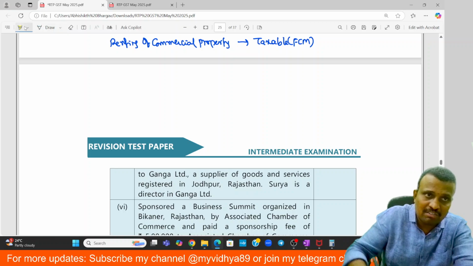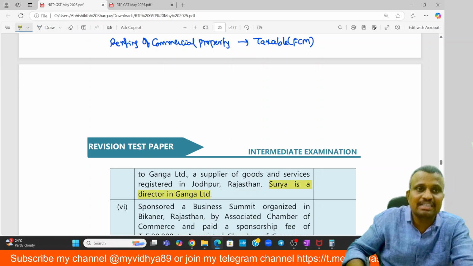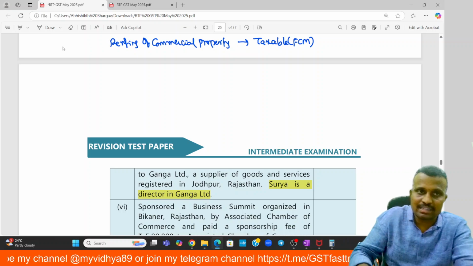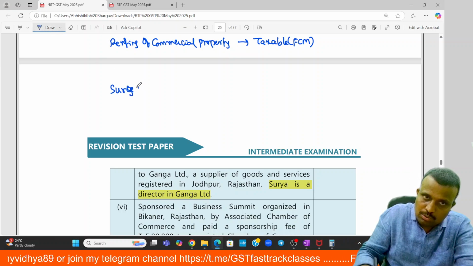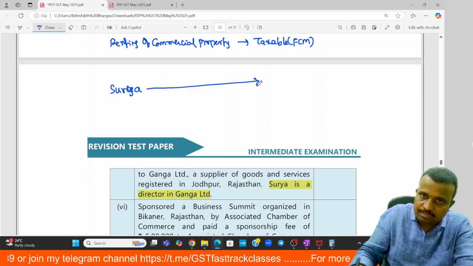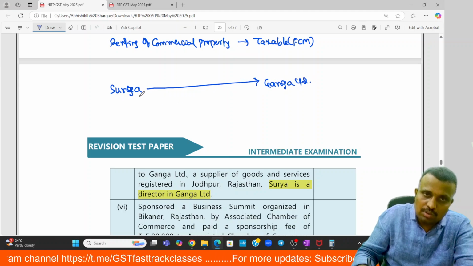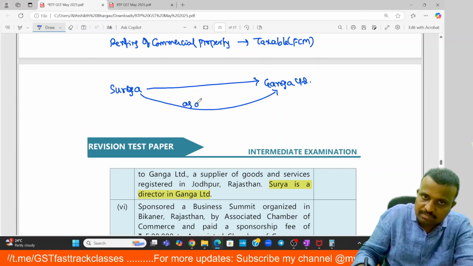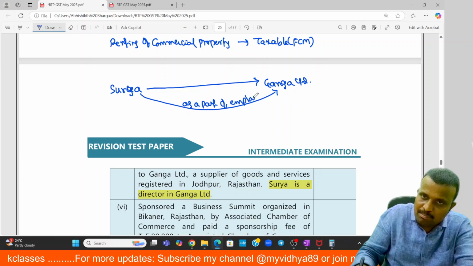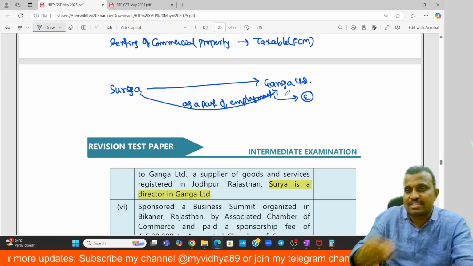And one more point we have here is that Surya is a director in Ganga Limited. So whether Surya is providing these services as a part of the employment agreement, this is exempted.